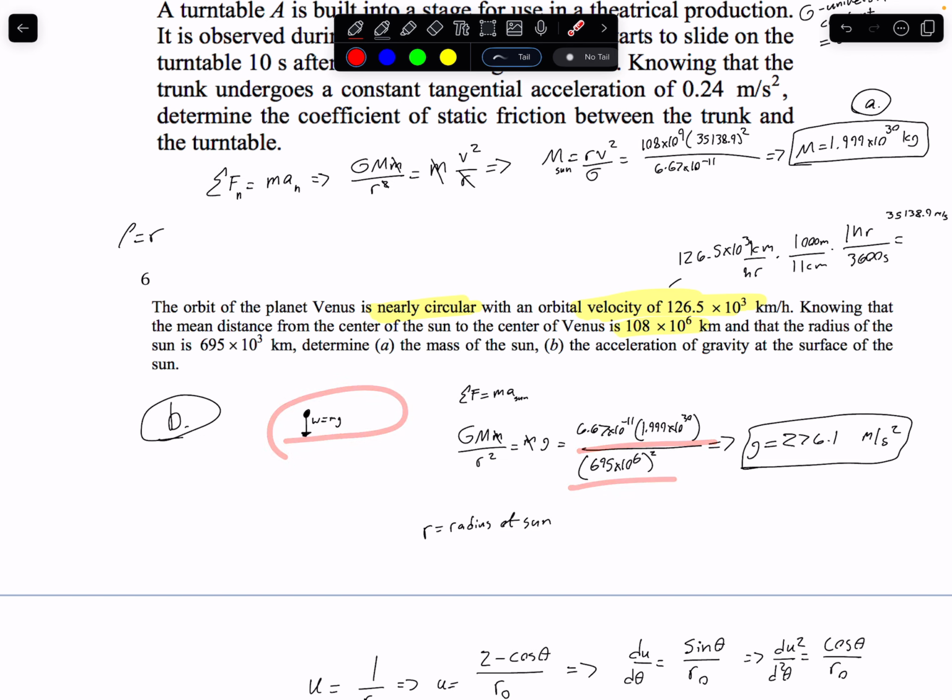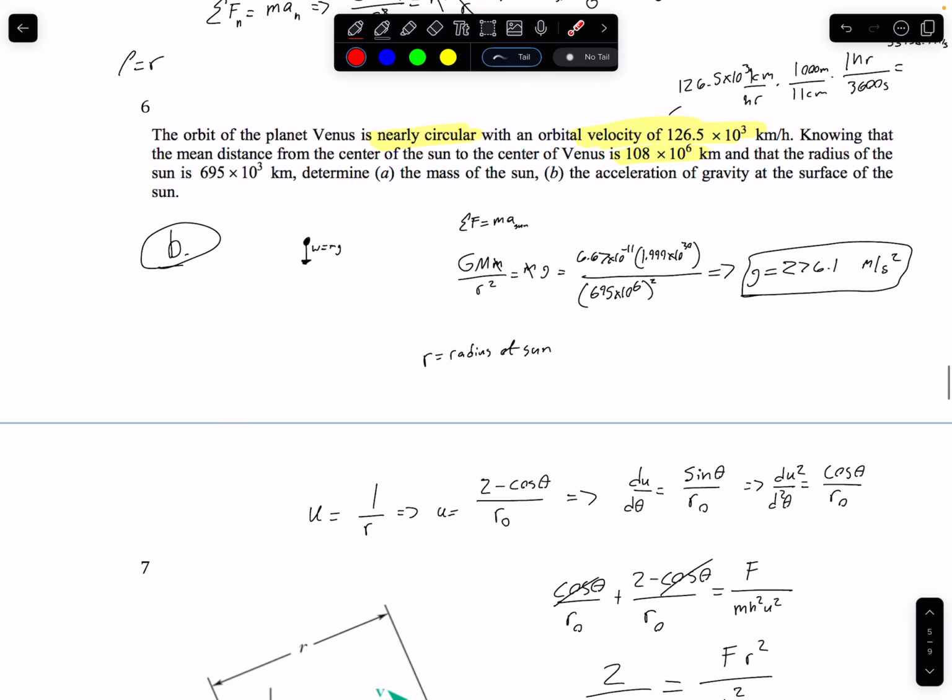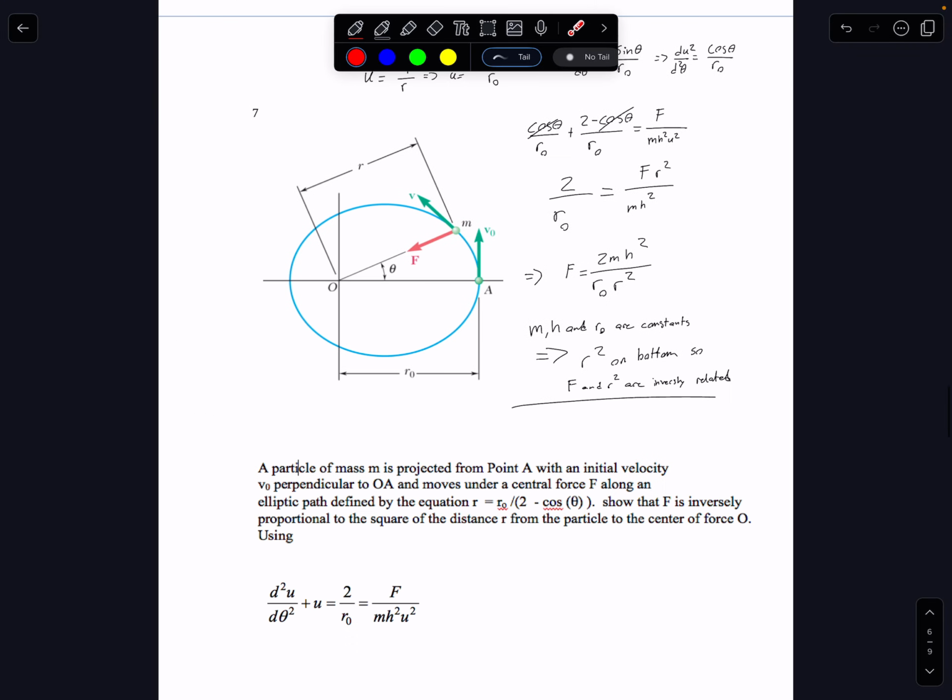This free body diagram is literally just y is equal to mg. Now that doesn't even actually matter in this case. But we know the force is equal to the gravitational constant times the mass of the sun times the secondary mass over r squared. And we get that the gravity of the sun is equal to 276.1 meters per second squared.